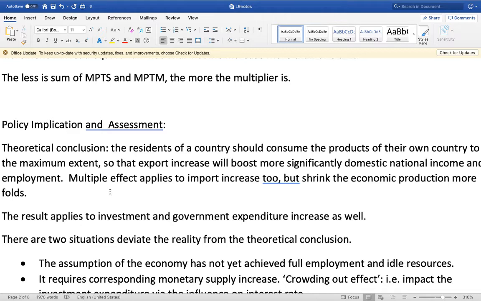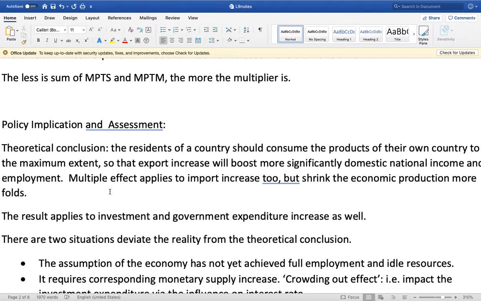So a country's export growth represents effective demand growth. It will cause a round-by-round chain reaction in other countries that is directly or indirectly related to the import increases.